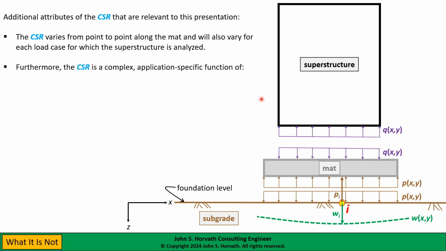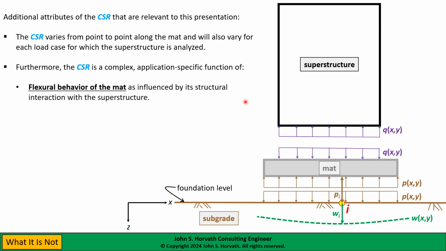In addition, we know that coefficient of subgrade reaction is a complex, application-specific function of the flexural behavior of the mat. Again, this mat cannot deform without having a compatible deformation pattern with the superstructure.